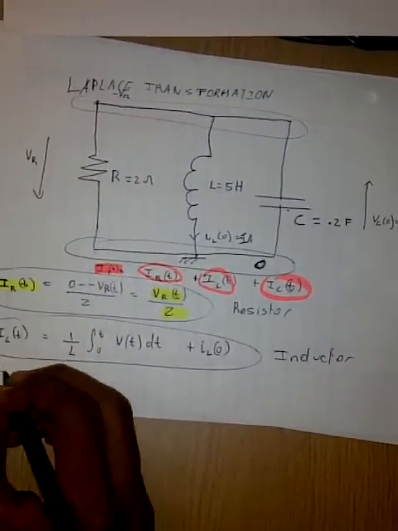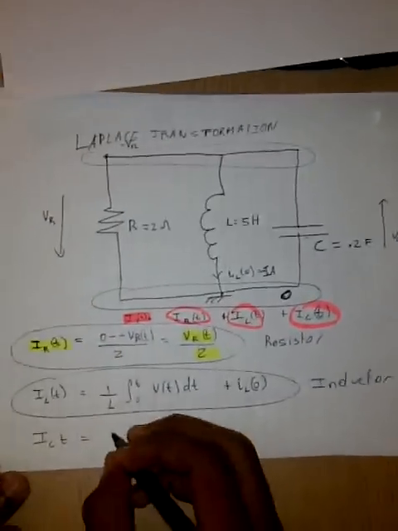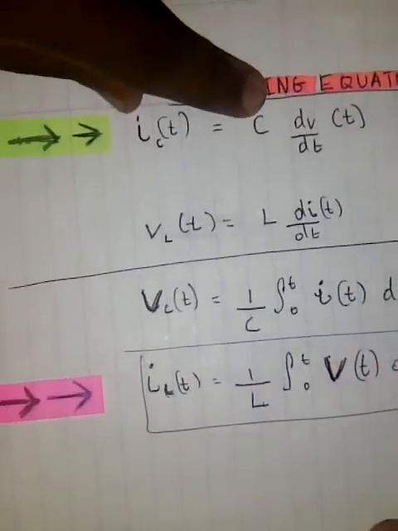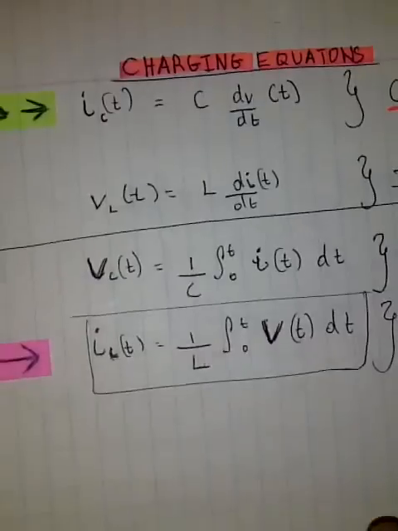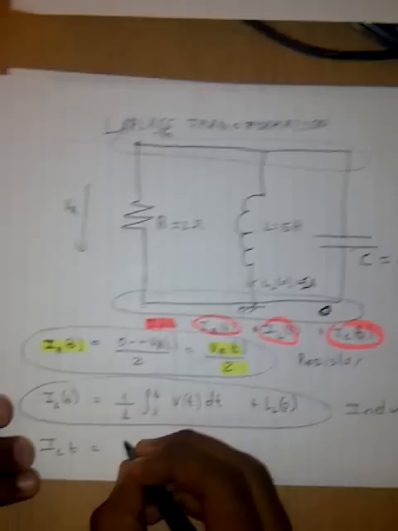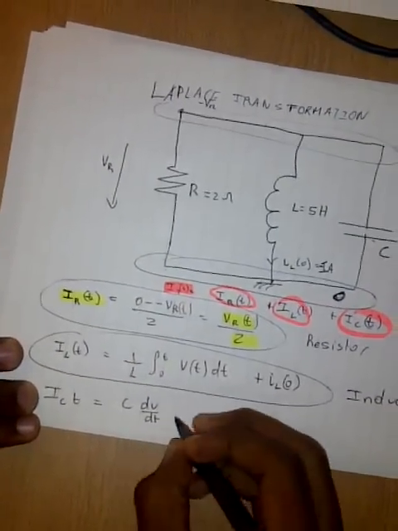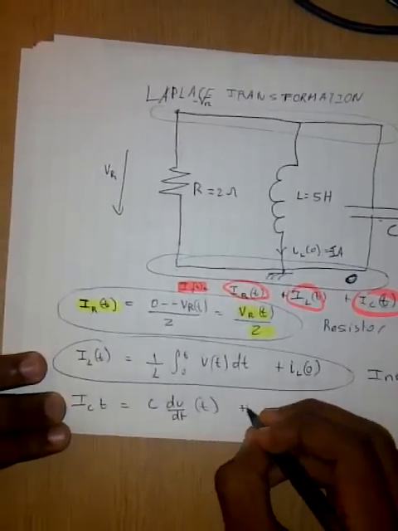Now we're gonna find the equation for the capacitor. ICT is equal to, and we had the charging equations from before, ICT is equal to C dV dt with respect to time, which simply means we just write that down. It's equal to C dV dt, plus we have a voltage.